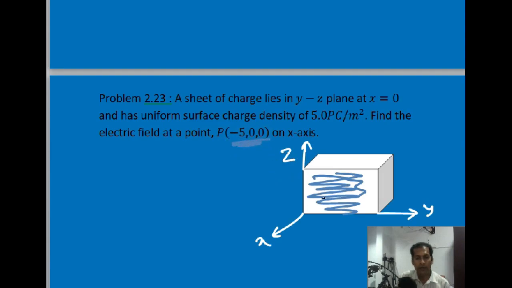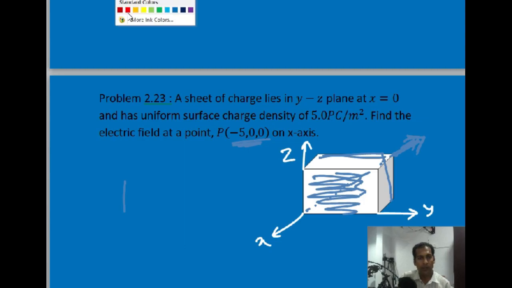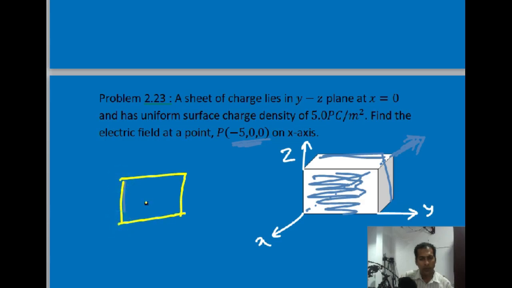the field at x = -5. What is -5? That means on x we have to go to the back side, on the negative side. On the negative side we have to find out the effect of the sheet which is present on the back side, right? So basically this sheet we are considering is the sheet rho s, and it is applying some electric field intensity backside, in negative x.